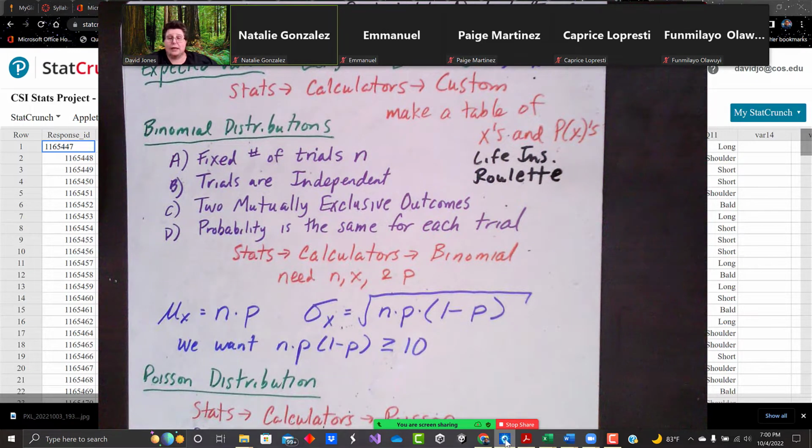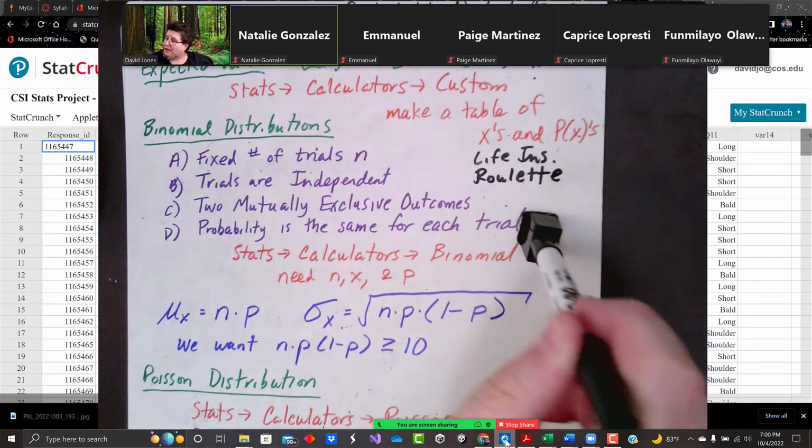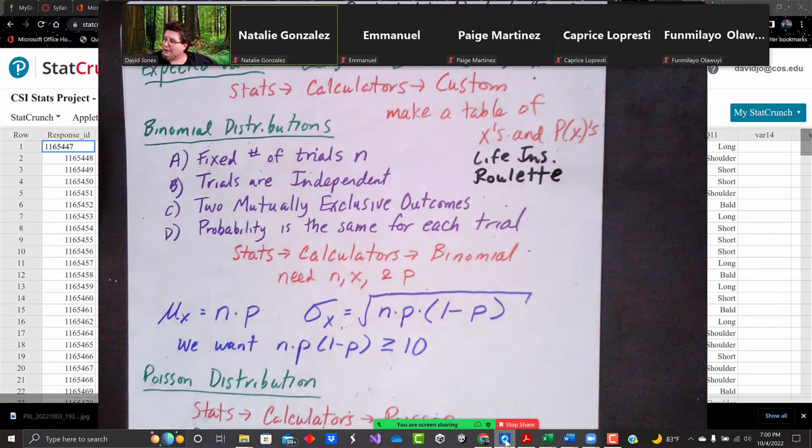And the probability had to stay the same for each trial, which kind of makes independent trials and the probability condition go together. If the trials aren't independent, the probability is changing between them.